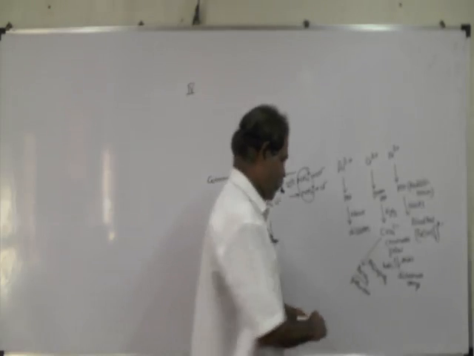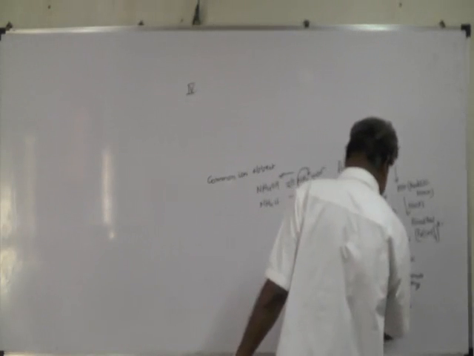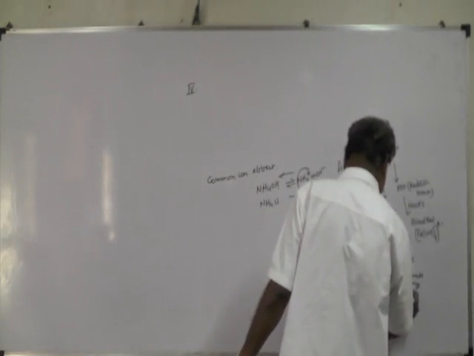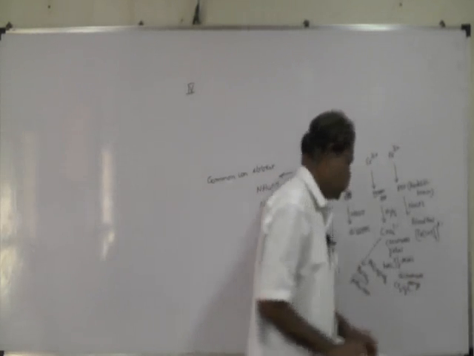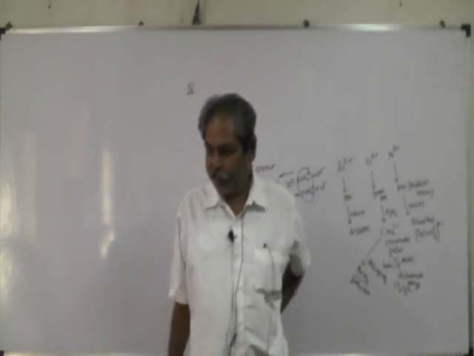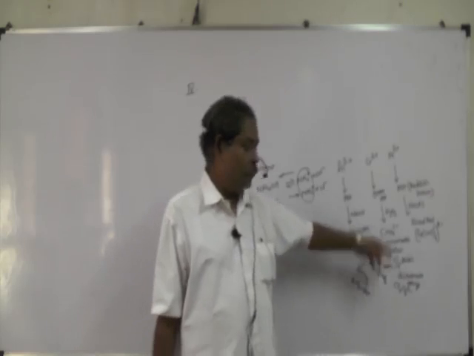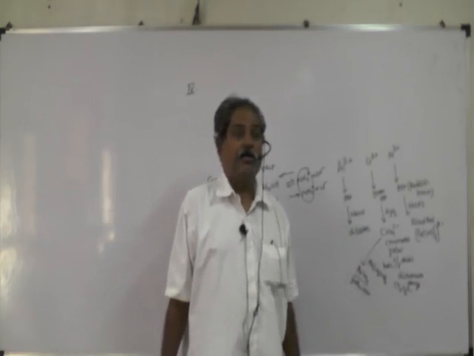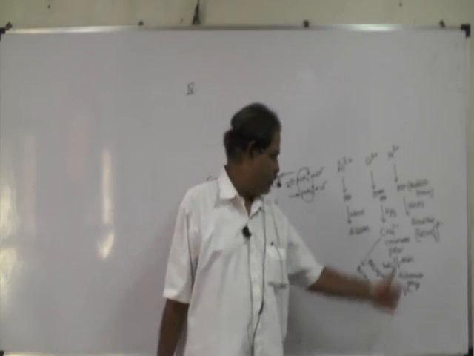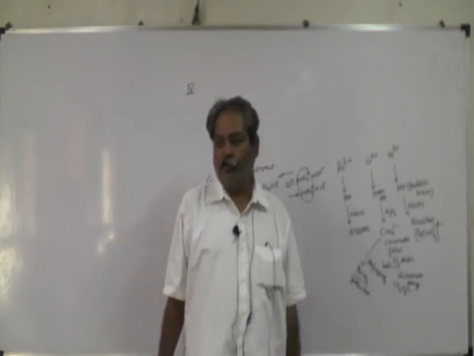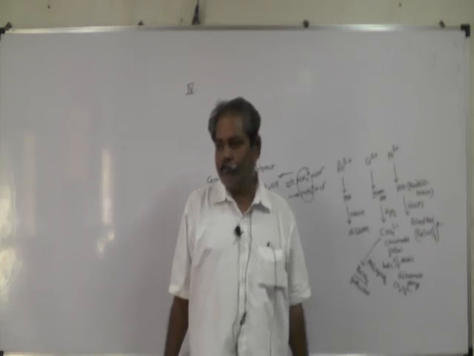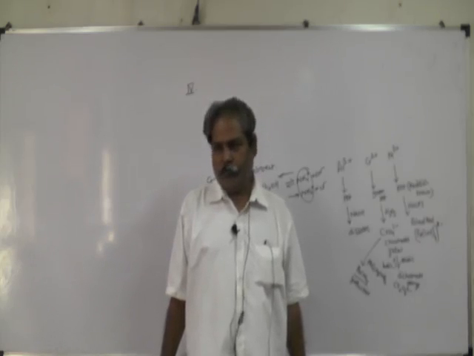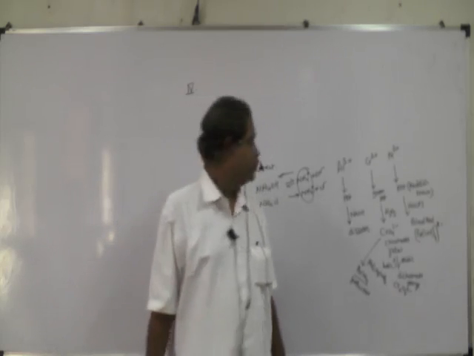Dichromate from chromate. Very good. In acidic medium, what is formed? You get HCrO4-, and that undergoes dehydration, intermolecular dehydration. It's like pyro. It's dimerization.